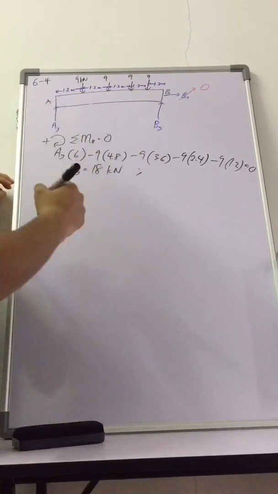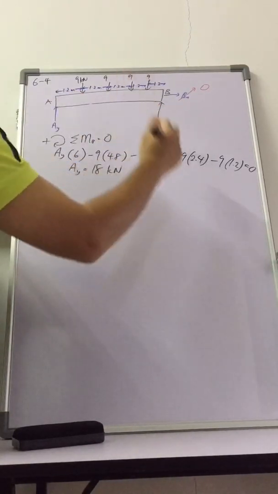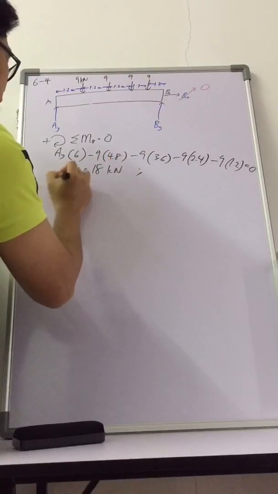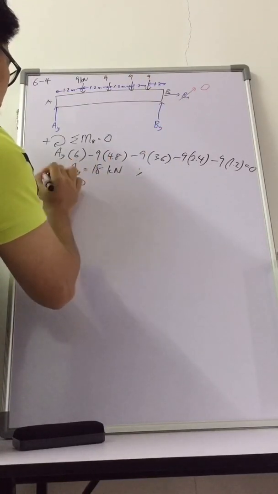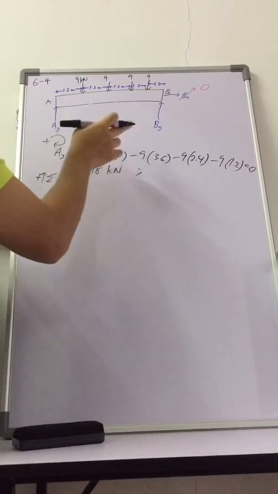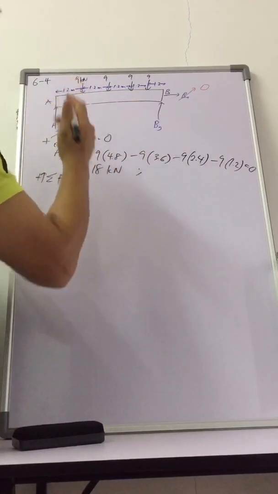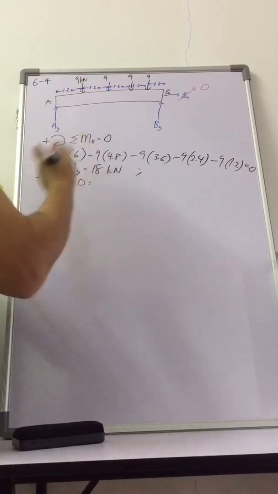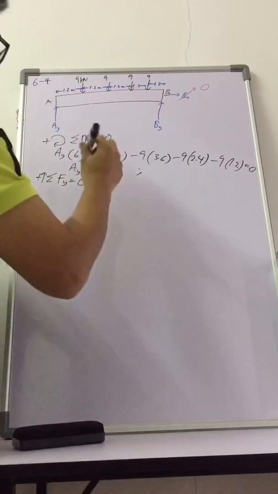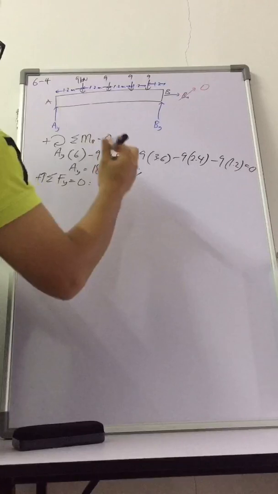You got Ay equals 18 kilonewton, and then how about By? You just do the summation of forces in y equals 0. Again, to find By you can also take moment about A, but it's up to you, whichever way you think is easier. So sum of forces is equal to 0.